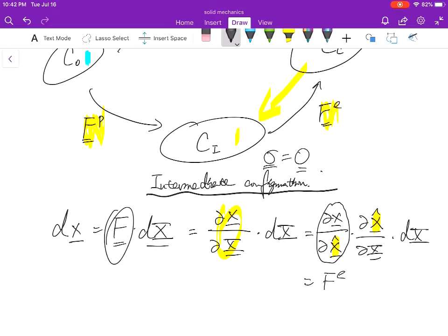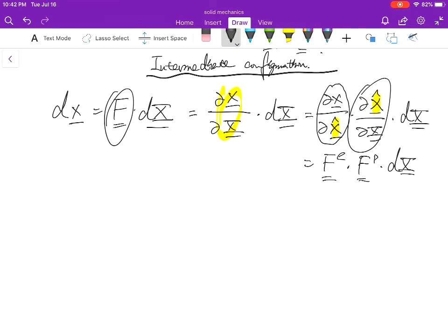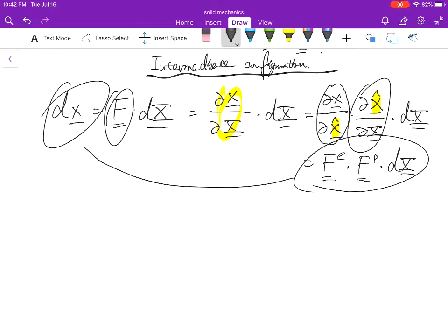So this is Fe, times, similarly, this is Fp times the uppercase X. And if we combine this together, we get the derivative of lowercase x with respect to uppercase X equal to Fe times Fp, where this derivative is equal to F initially. So now we get this multiplicative decomposition for this process, and this can be decomposed into an elastic part and a plastic part.